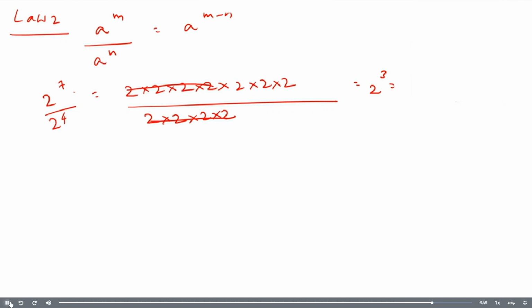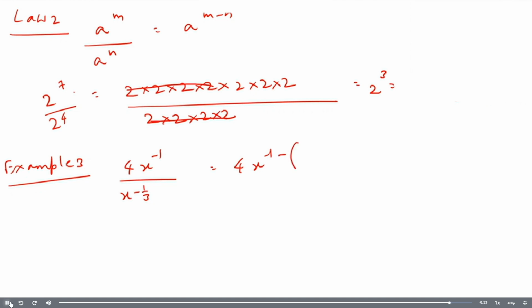Let me take the next example. Find the value of 4x to the power minus 1 by x to the power minus 1 by 3. This is equal to 4x to the power minus 1. I am going to bring this to the numerator. When I bring it to the numerator, I have to reverse the sign, but it is already minus.